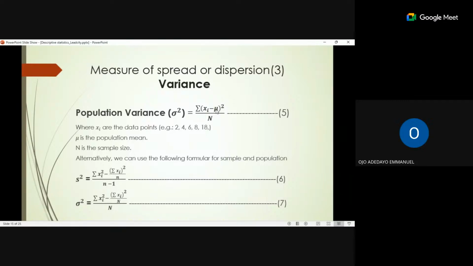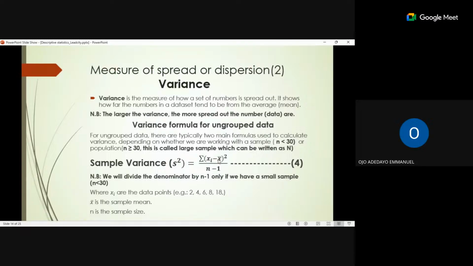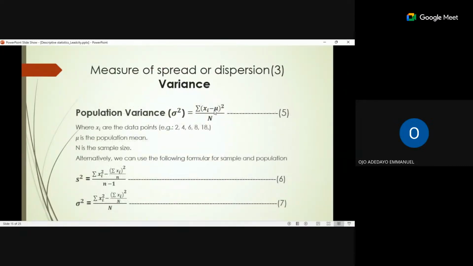This is what we call the population mean. Recall that for the sample mean, it is called x bar, but for the population, it is called mu. So the x minus mu squared divided by n gives you the variance of your population, which is called the population variance.